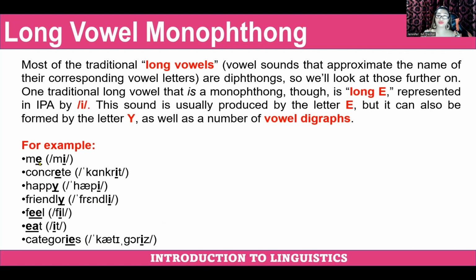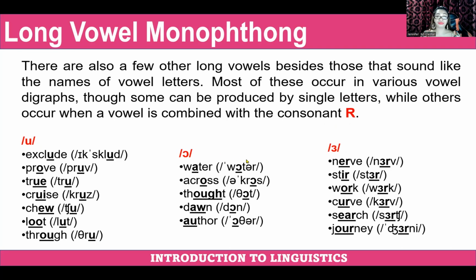This should be the long sound of E, as in me, concrete, happy, friendly, feel, eat, categories. So whenever you see this in your IPA notes, you remember that this should be pronounced longer since they belong to the long E vowel and are also considered a monophthong.